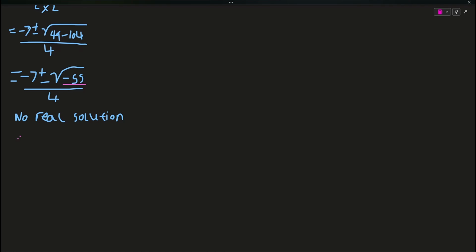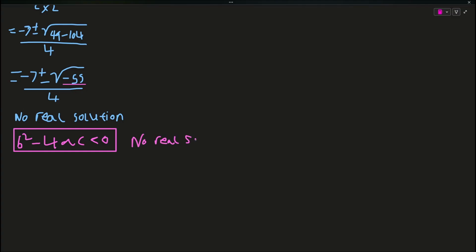You don't need to learn that at all for GCSE maths. But yeah, you can always tell there's no real solution when b squared minus 4ac is less than 0. Whenever this is the case, there is no real solution.